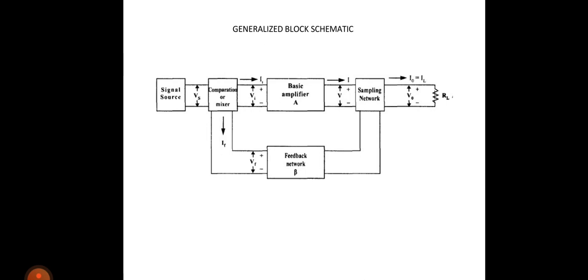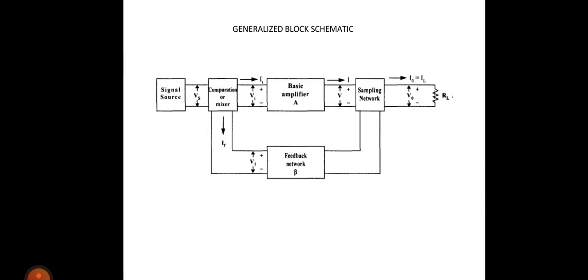It can be either voltage or current, and this sampled output will be given as input to the feedback network. Then the feedback signal is combined with the input signal through a mixer network, and its output is applied as input to the basic amplifier.